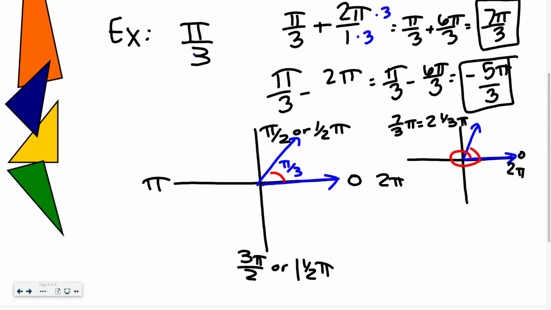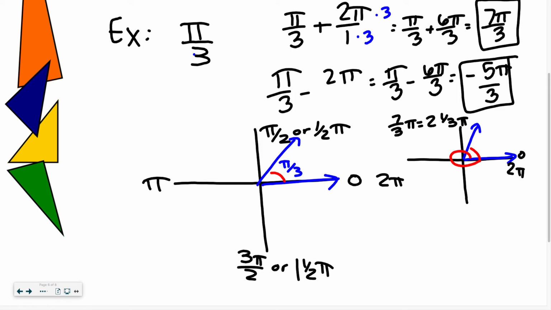For the negative 5/3 pi, I would move clockwise and think about negative 5/3. As a mixed number, that's negative 1 and 2/3, isn't it? You would divide 5 by 3, get it in 1 time, and have a remainder of 2. So it's 1 and 2/3.